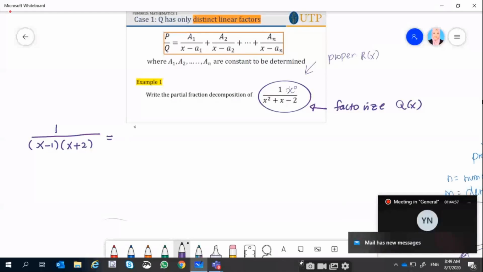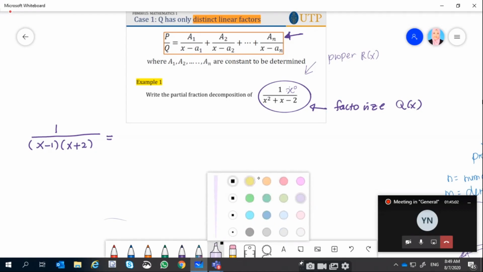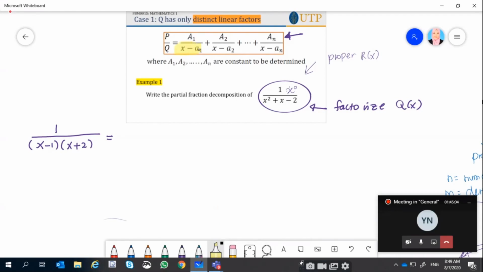So first you have to express it into this form. Look at the things inside the orange box here: A1 divided by (s minus a1) plus A2 divided by (s minus a2), and so on until An over (s minus an). The denominator part represents your factors: first factor, second factor, and so on.